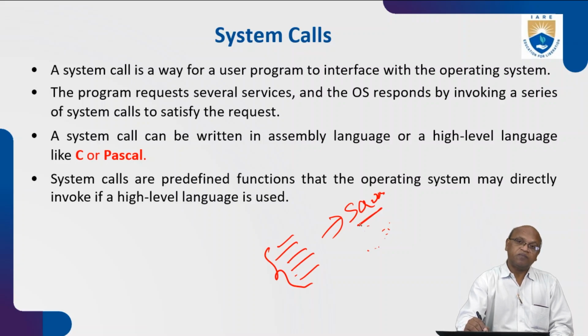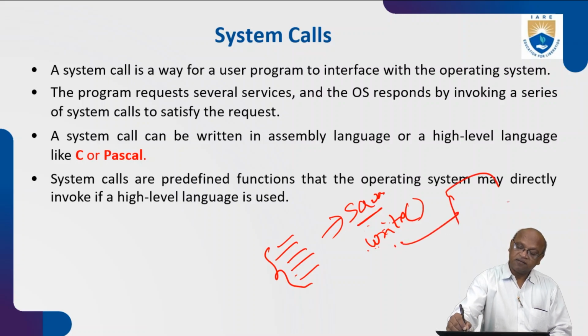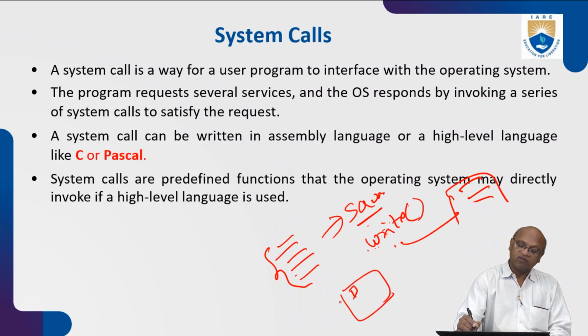Who is doing the save in the OS? The moment you press the save button, it will invoke the write system call. Write is a system call, and it is in the OS only. It will write this program in the hard disk, then return an icon on the screen once the program is saved.